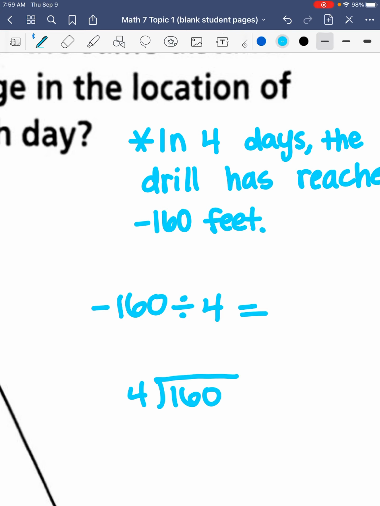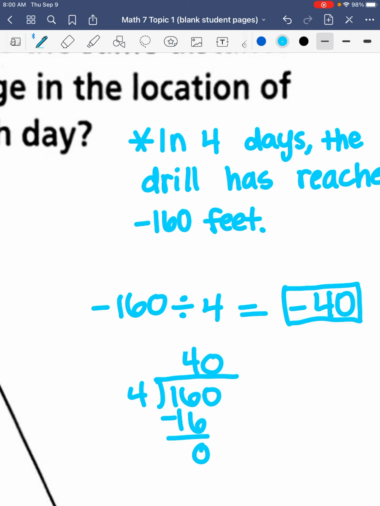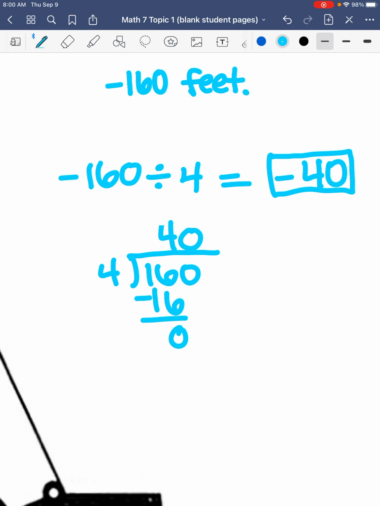It goes into 16 4 times. 4 times 4 is 16 exactly. There is no remainder, but because of that extra 0 right here, I need to tack a 0 onto my answer in my quotient. So 40. Okay, but because my signs were different, my quotient has to be negative 40. So what does that mean?